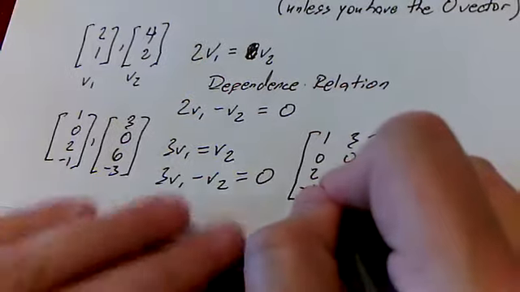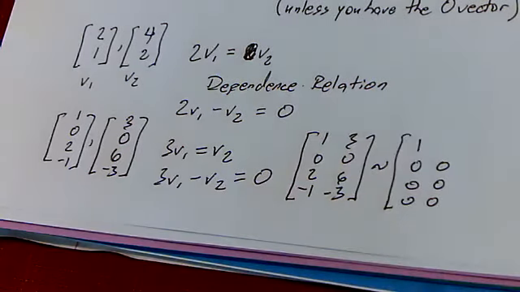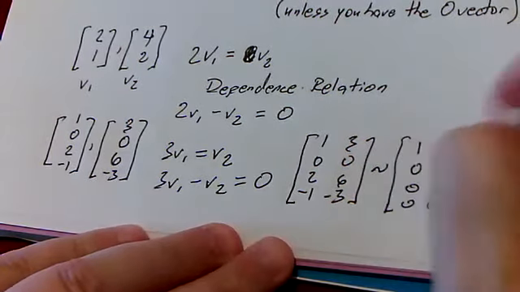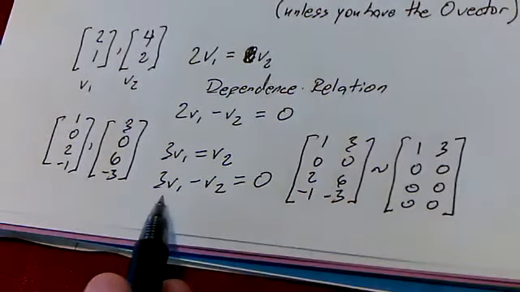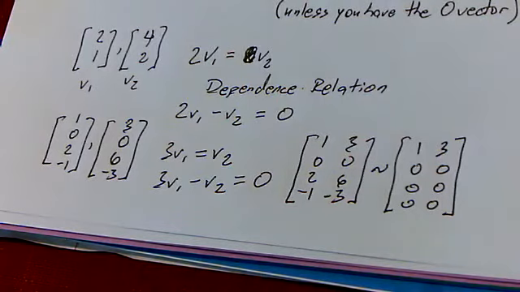Okay, don't forget the negative sign here. Make sure we get that vector written down correctly. And so then I'm going to get 1, 3 because I know that this is 3 times vector 1.